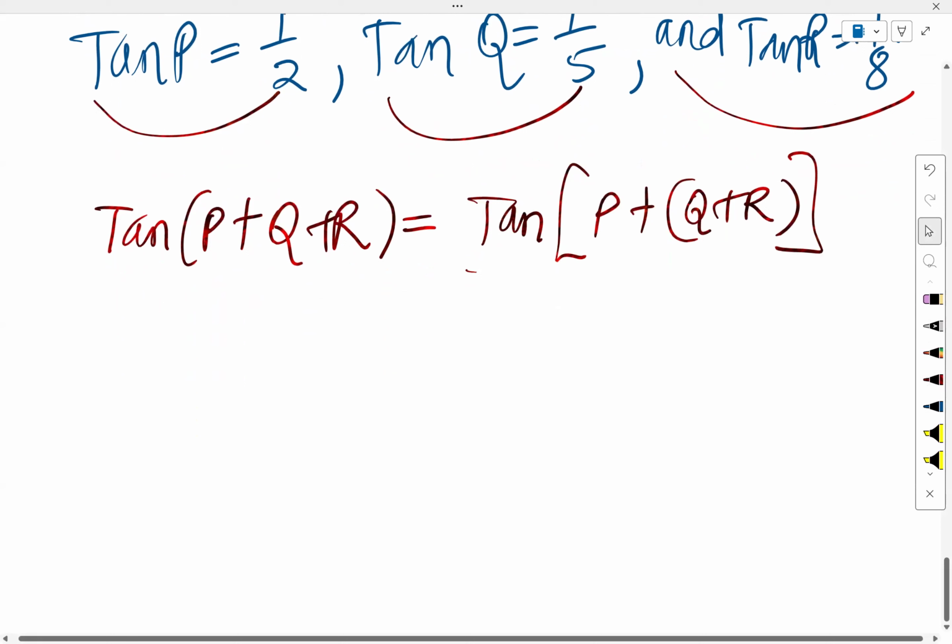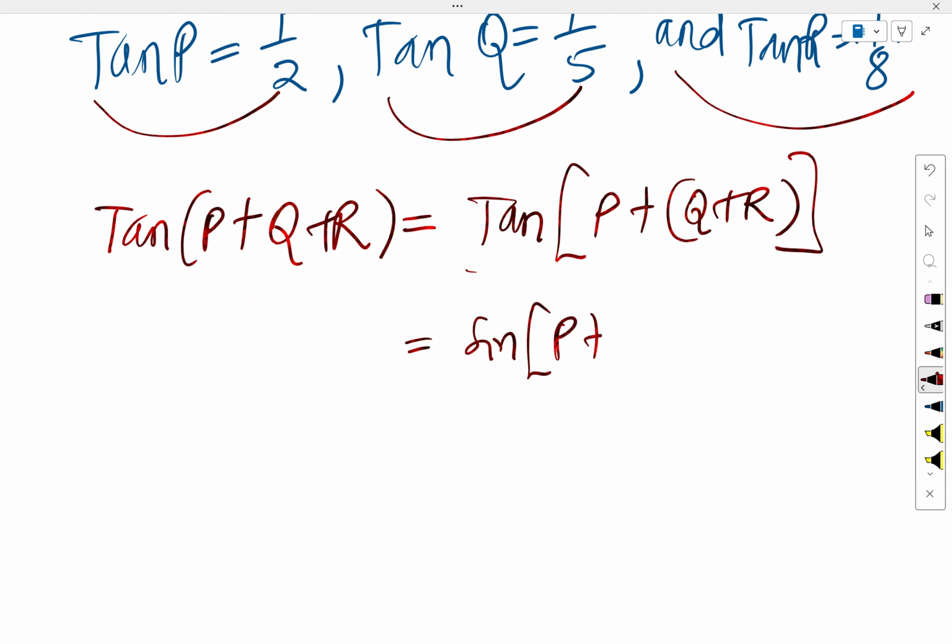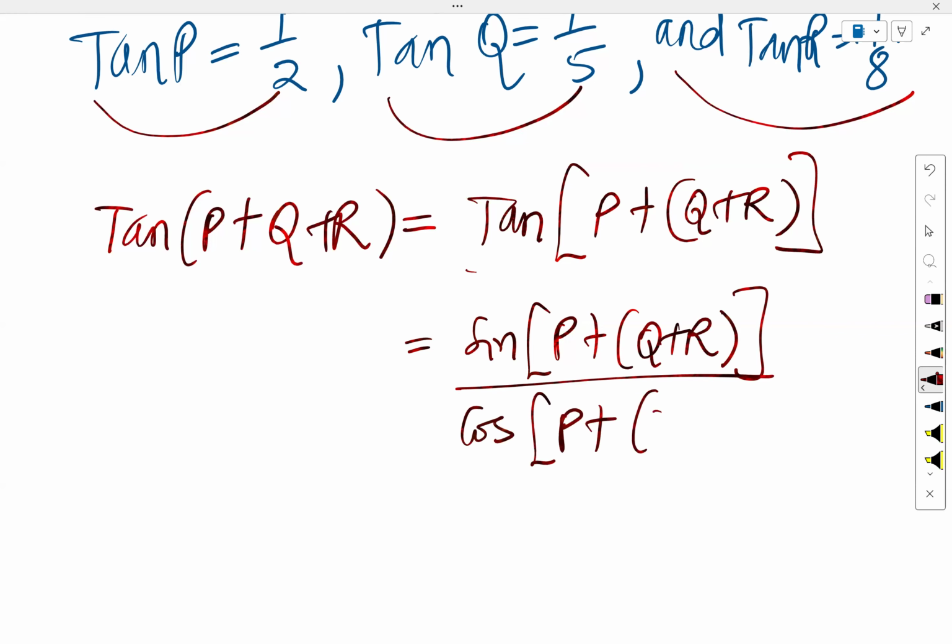If you have that, that's the same thing as sine(P+Q+R) over cos(P+Q+R).